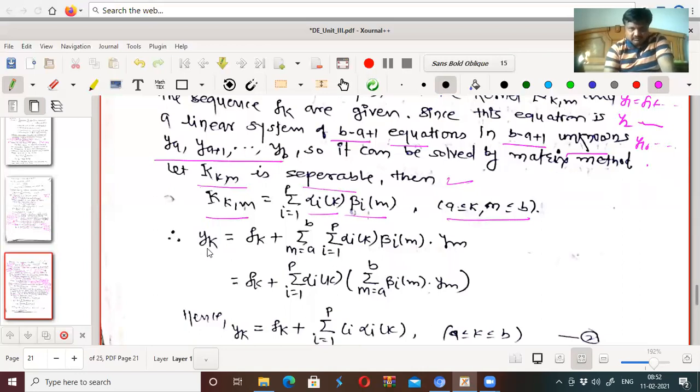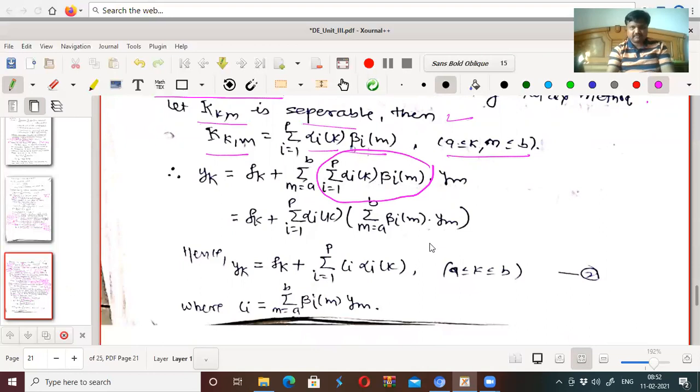Therefore, y k equal to f k plus summation from m equal to a to b, which is already there. Now I am writing this for K of k, m. K of k, m means summation i from 1 to p alpha i k beta i m. This is K of k, m into y m.